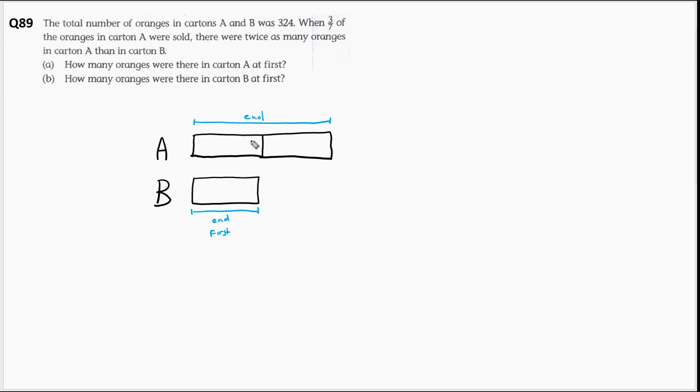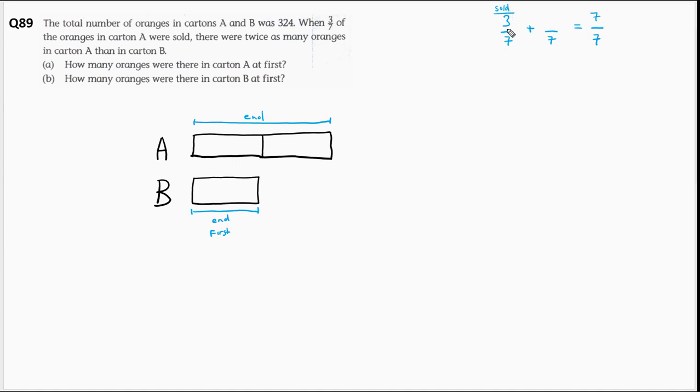Right, where are we now? It says that 3/7 of the oranges in carton A were sold. So we've got 3/7 of the oranges in A were sold. Now, 3/7 plus how many sevenths equals 1 whole? 1 whole is 7/7.